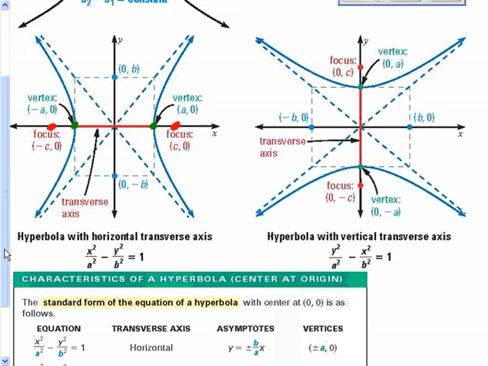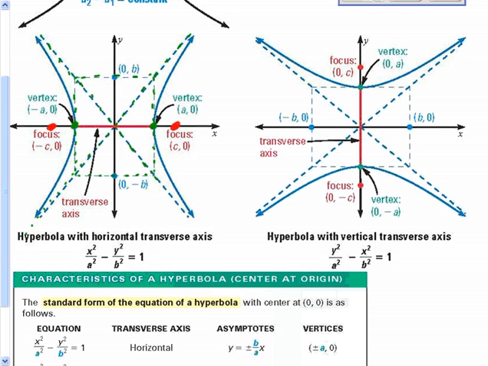And then you've got your vertices, you've got your foci, you've got this point (0, b) away, which comes from your equation, and (0, -b). And if you draw this imaginary box here, you've got these slant asymptotes that go right through the corners.